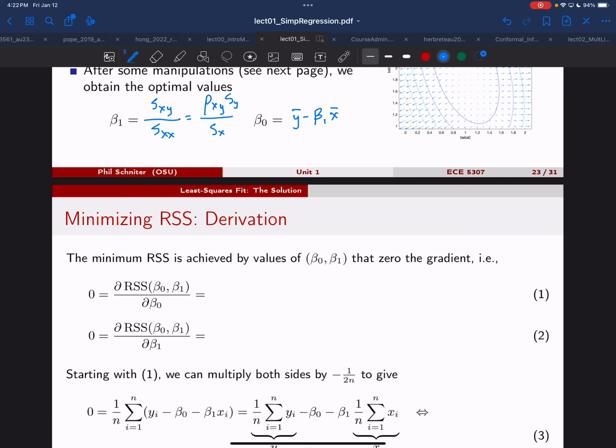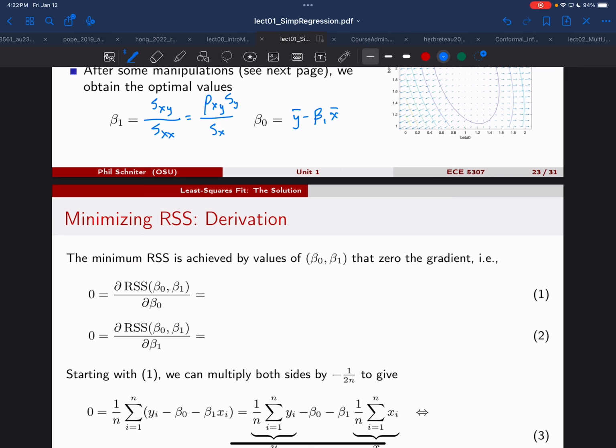Our approach, as we said, is to search for the beta 0 and beta 1 that simultaneously make this gradient vector equal to 0. If we look at the first element in the gradient vector, we want to set that to 0. So let's take a look at this computation.